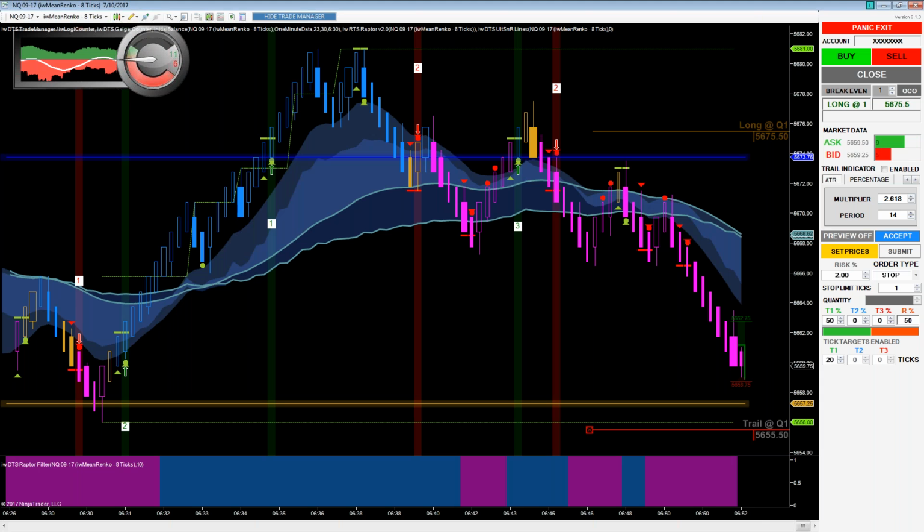So we'll see here in a moment whether any of the buyers come back as we get back toward the lows of the morning, back to the median line.